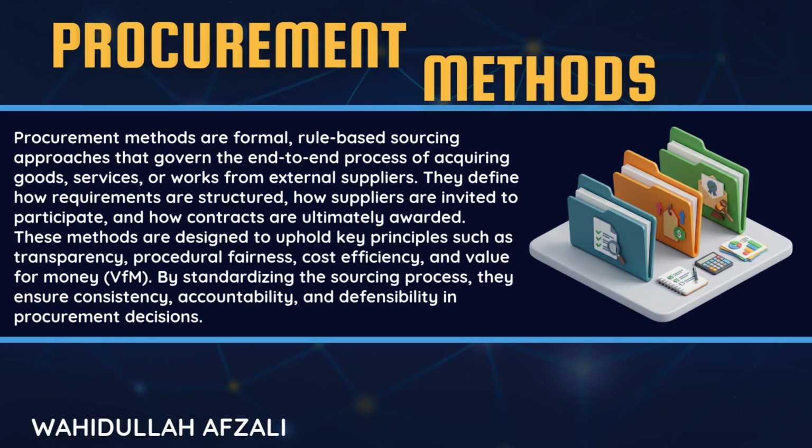These methods are designed to uphold key principles such as transparency, procedural fairness, cost efficiency, and value for money. By standardizing the sourcing process, they ensure consistency, accountability, and defensibility in procurement decisions. This is the procurement method definition.